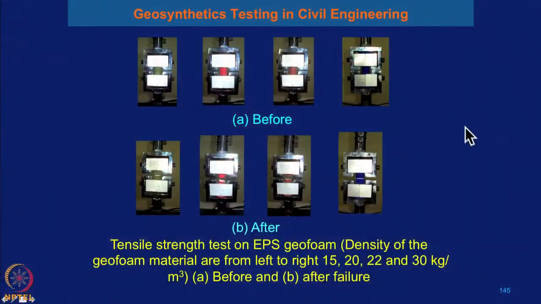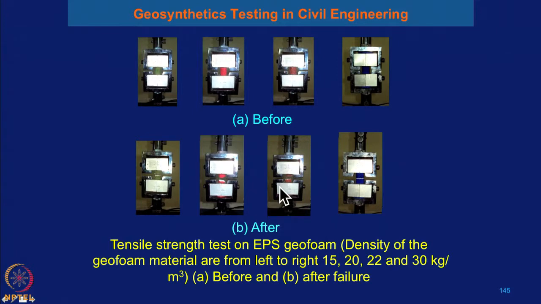Here you can see before the test, this is in the universal testing machine, and there is a clamp at the top and the bottom, and then you perform the tensile test of the EPS geoform material under different densities. This is before, and you can see after the test for the defined density how the sample failed. It failed almost at the middle here. This is the kind of failure you can observe from this test.